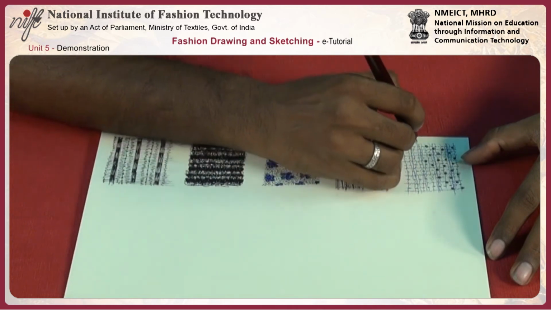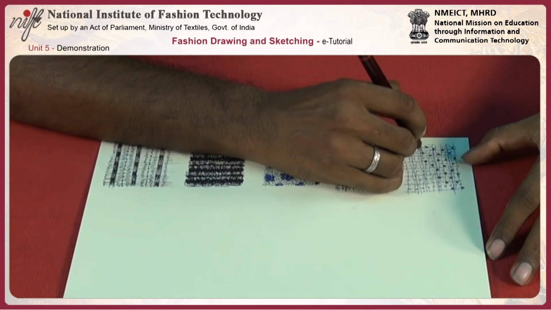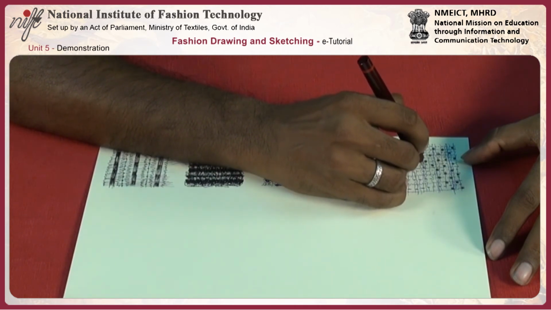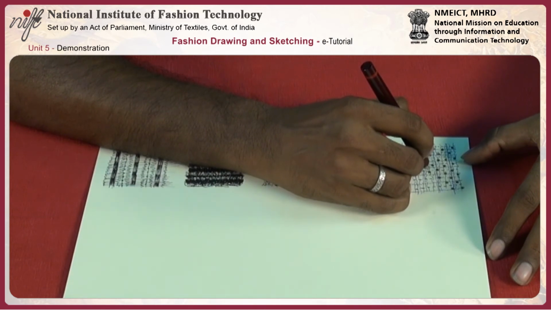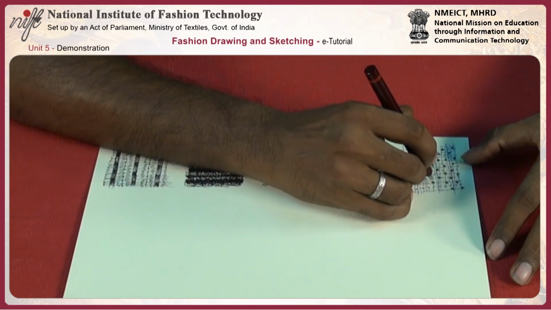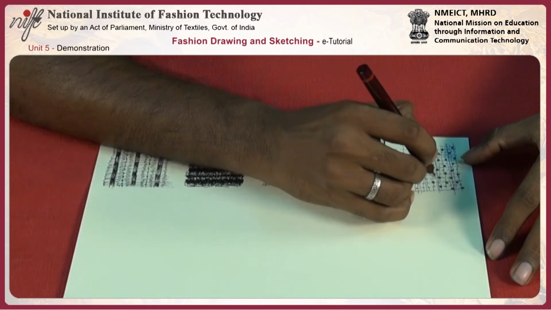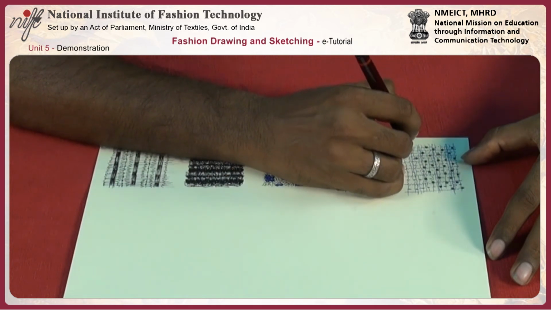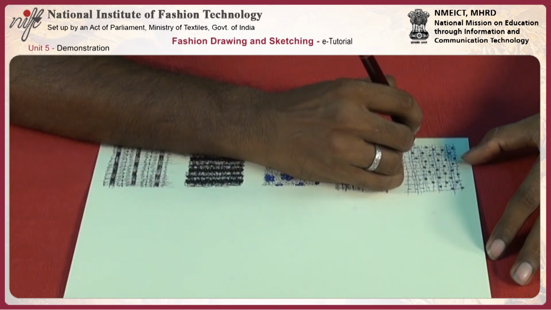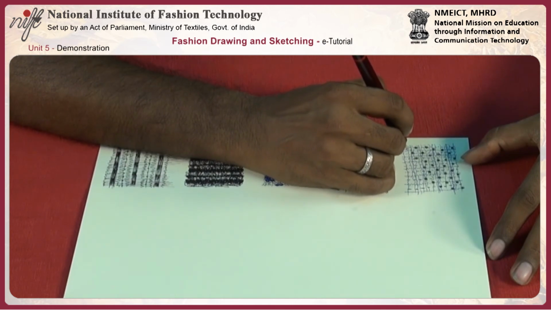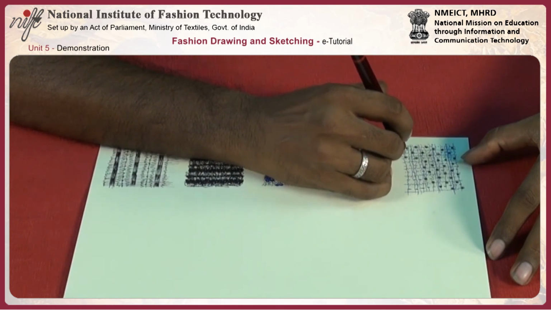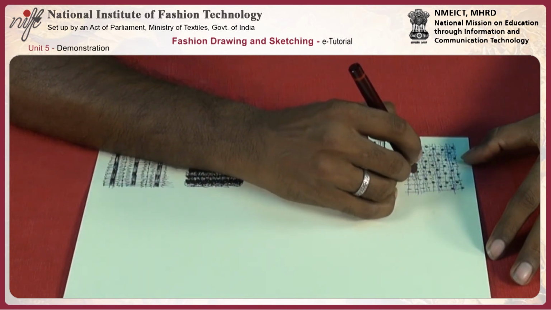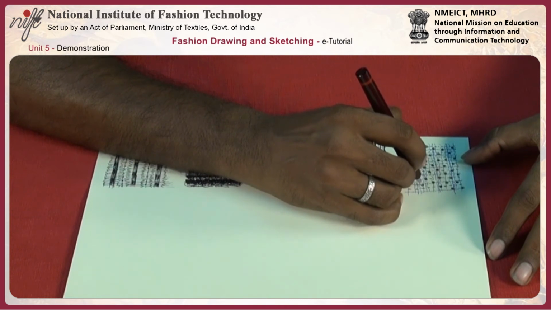Also note that the size of the dots are similar to each other and spaced uniformly. These are all important aspects that a fashion illustrator must note, because if there is no uniformity in your rendering, it might create a disturbing picture to the viewer.